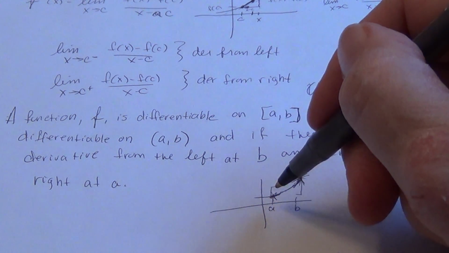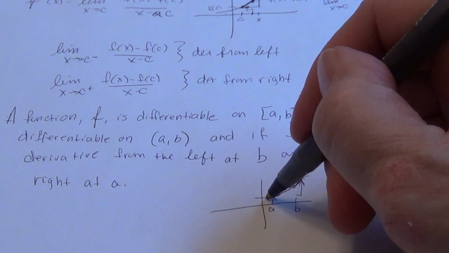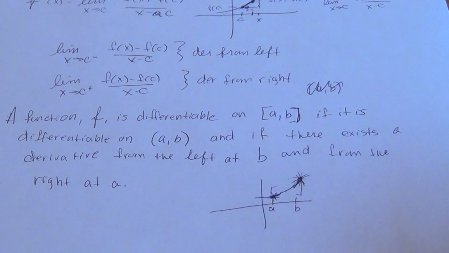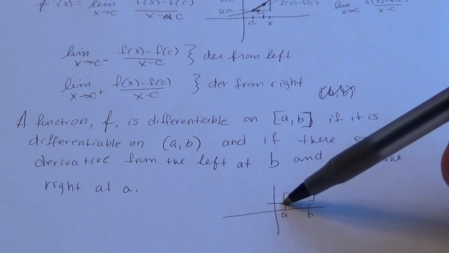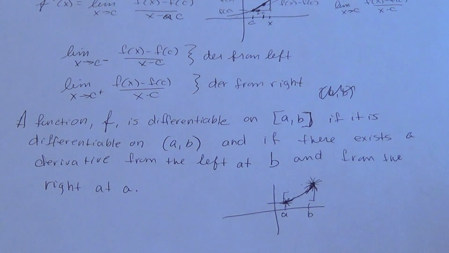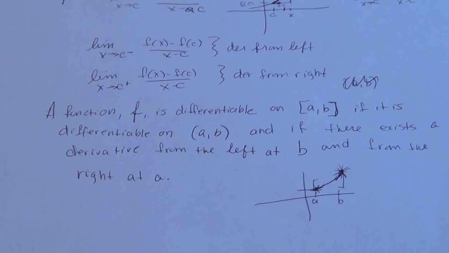As we come in from the right at A, we are creating points that have tangents that we can find the slopes of. But if we include A, then we don't know exactly what the tangent would look like. So therefore, we address this problem by coming in from the right at A and from the left at B. So we've defined what it means to be differentiable.